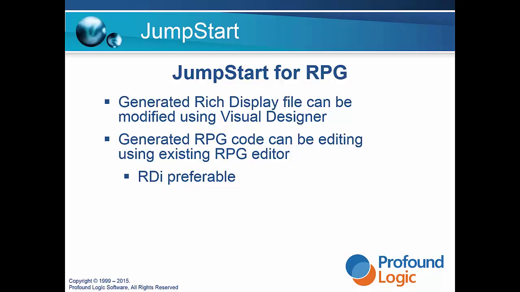And of course, you would modify the generated RPG code using whatever editor tool you would use. Rational tool, RDI is preferable. You can still use SEU if you're using that at the moment. SEU is not being updated anymore, and the syntax checker will not recognize the new format, but it will still work.